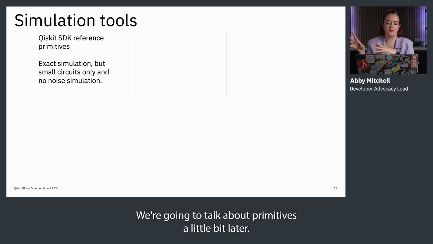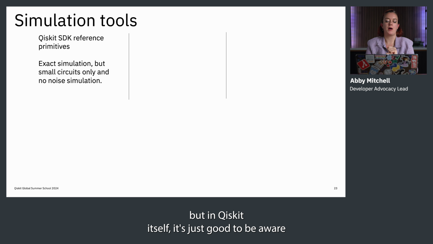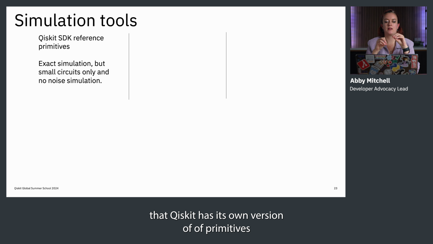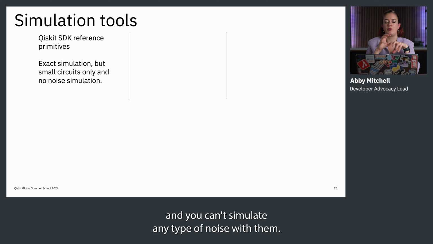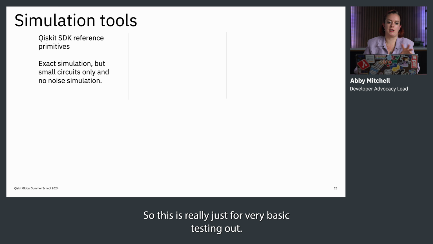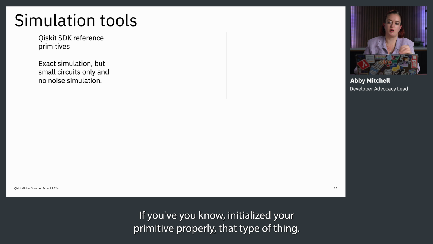We're going to talk about primitives a little bit later, but in Qiskit itself, it's just good to be aware that Qiskit has its own version of primitives that can do exact simulation, but really only for very small circuits, and you can't simulate any type of noise with them. So this is really just for very basic testing out if you've initialized your primitive properly, that type of thing.